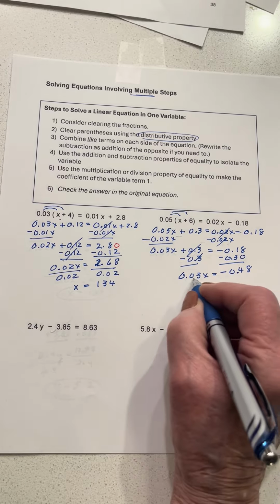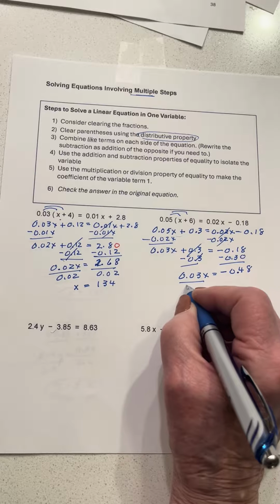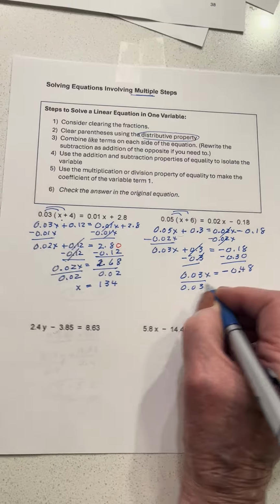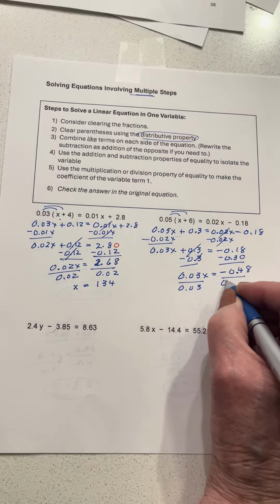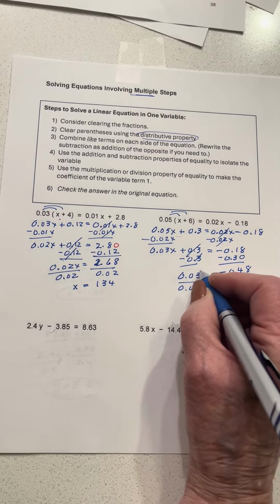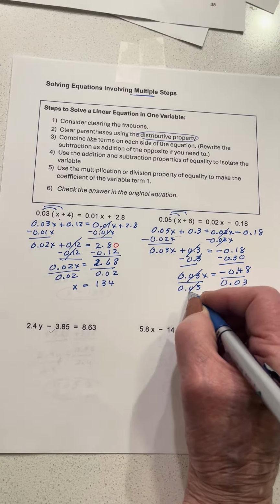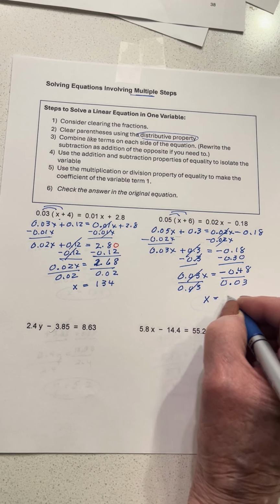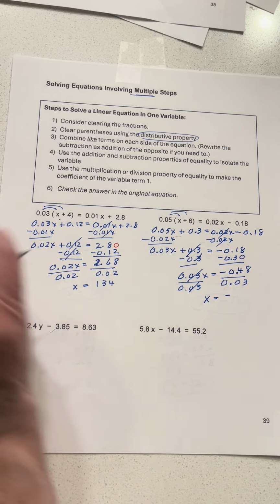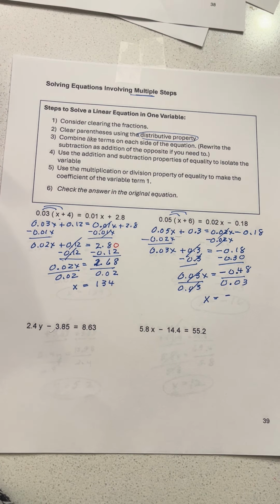Now I need to make this coefficient 1, so I'm going to divide both sides by 3/100. So I'm left with x on the left. This is going to be negative over here, and I'm going to go to my calculator and divide.